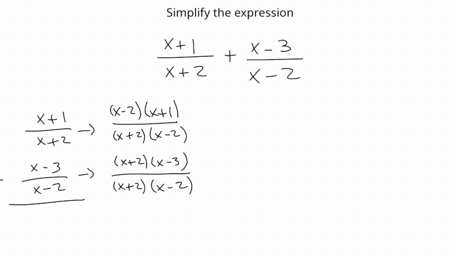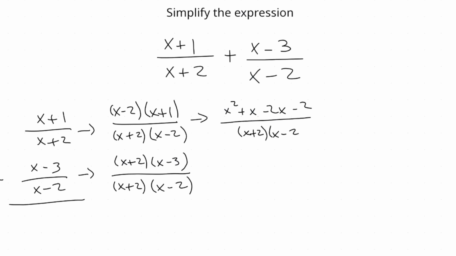Now let's go ahead and do all this. Do FOIL for the top. I wouldn't do it for the bottom yet. Let's just keep the bottom like that because we might get to a place where we can factor some things and it ends up simplifying a bit. So this becomes x squared plus x minus 2x minus 2 over x plus 2 times x minus 2.